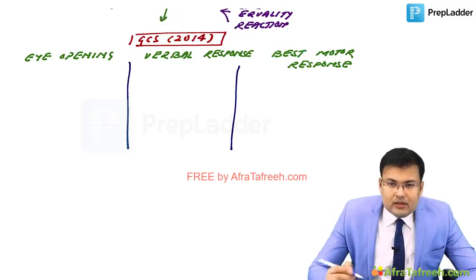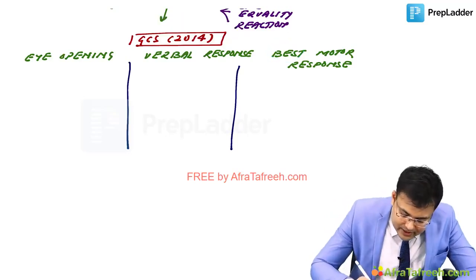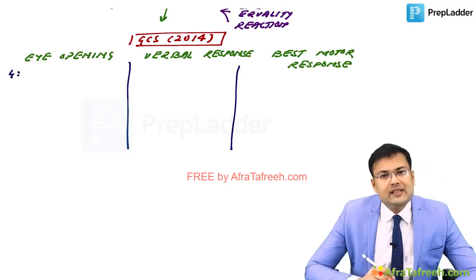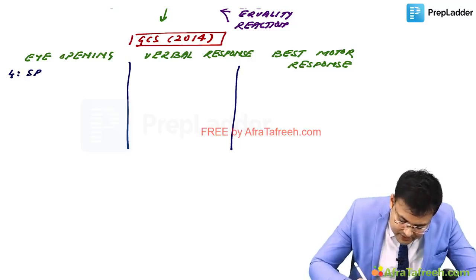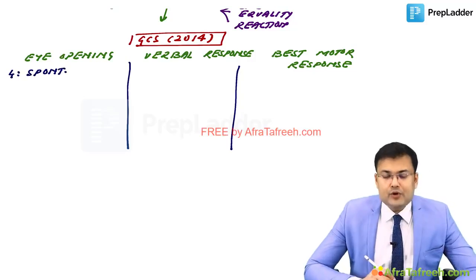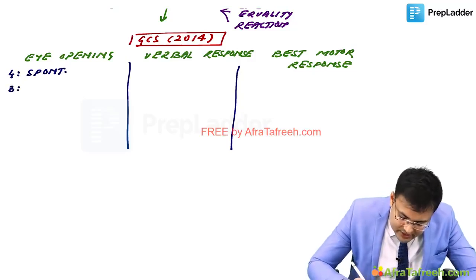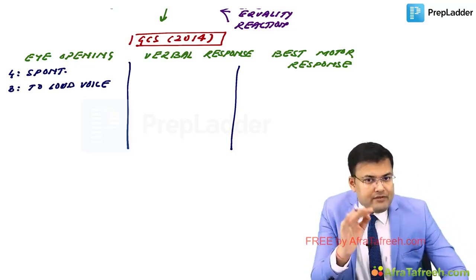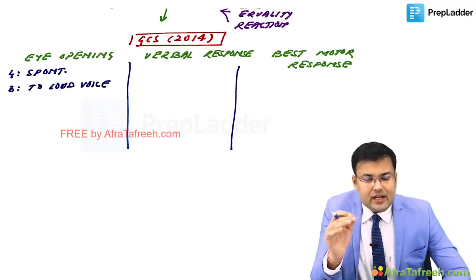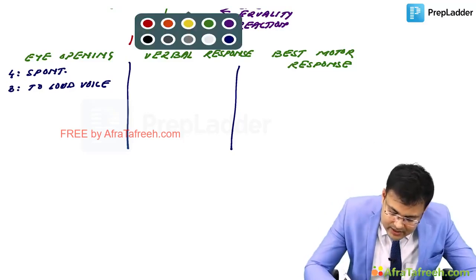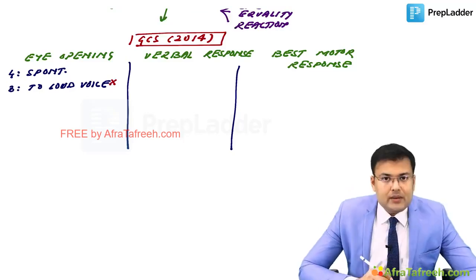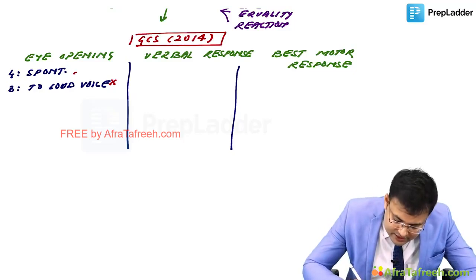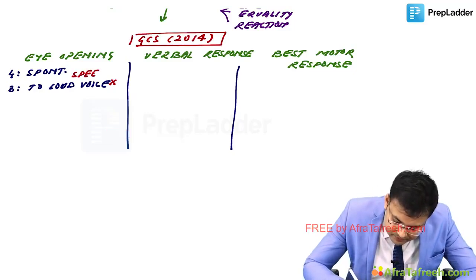Okay, now see the components here in eye opening. If the score is 4, it means there is spontaneous eye opening. If the score is 3, it means eye opening to loud voice. According to the previous GCS it was loud voice, but according to the 2014 update, in place of loud voice, speech is mentioned.